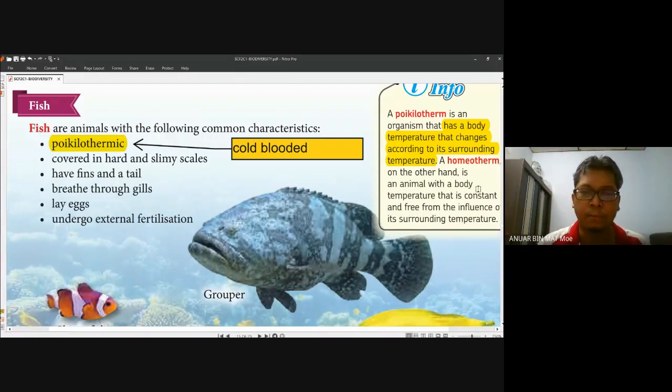So this is what we call poikilothermic. The temperature inside the body of the fish can be changed by the surrounding temperature. Because fish live in water, if the surrounding water is colder, the temperature is very low, so the body of the fish also changes according to the temperature outside their body.